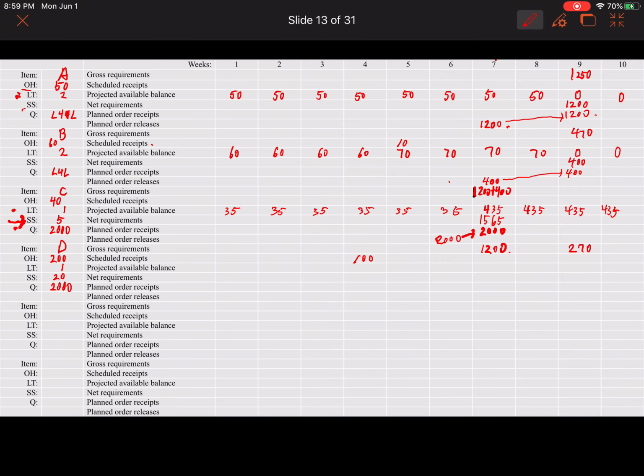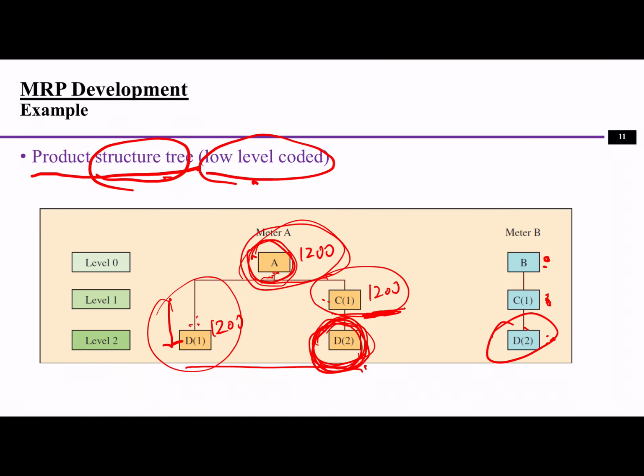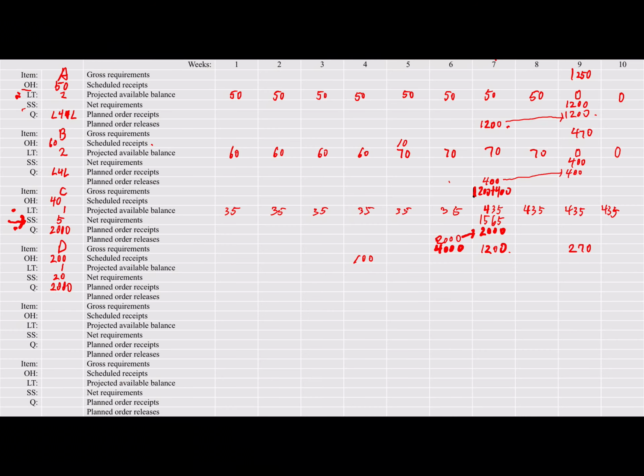Remember, for each C it requires 2 Ds. So this is 4,000.